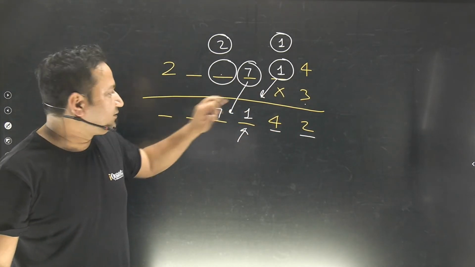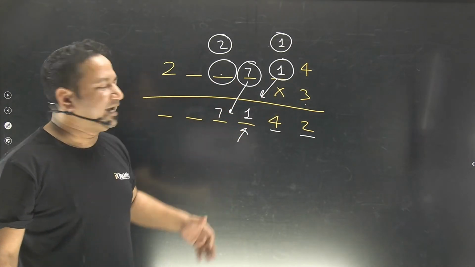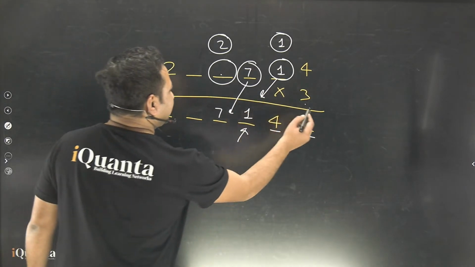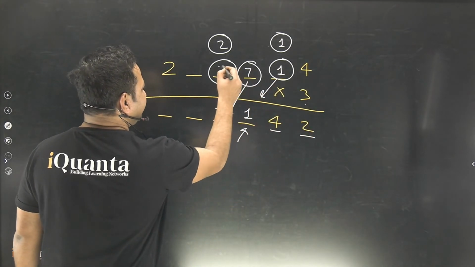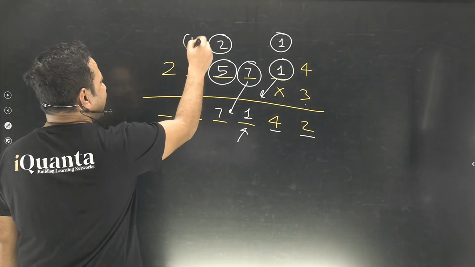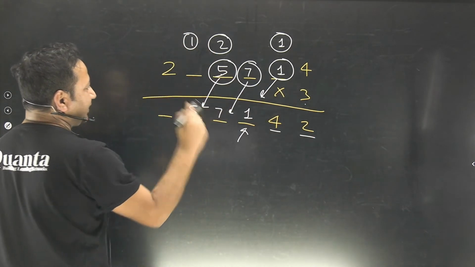Is that clear? That means 3 multiplied by that something should end at 5, which is possible if and only if 3 is multiplied with 5. 3 5s are 15, plus 2 is 17, 1 is carried forward, and this is 5 now. Cool enough?